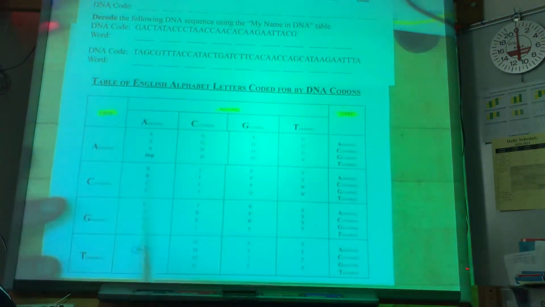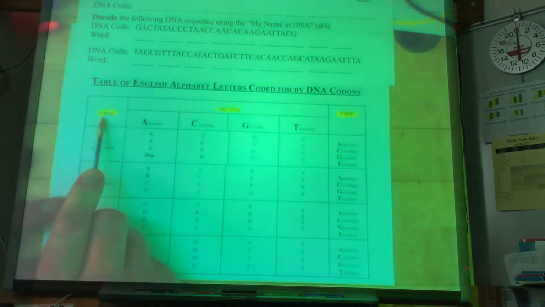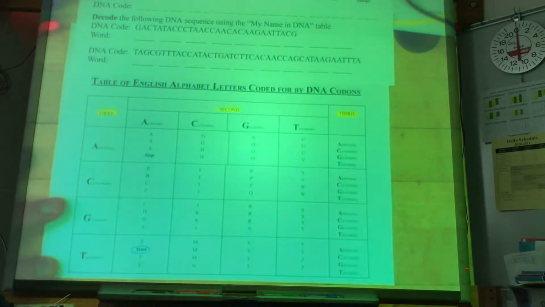So what we're going to do is look first across here, at this T, thymine. Here's our start.